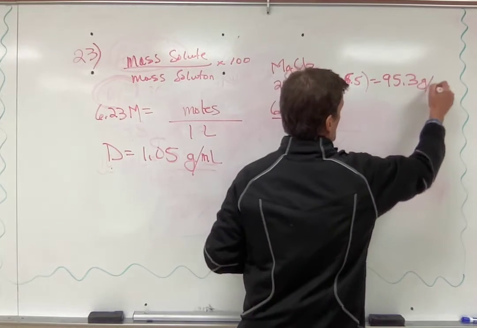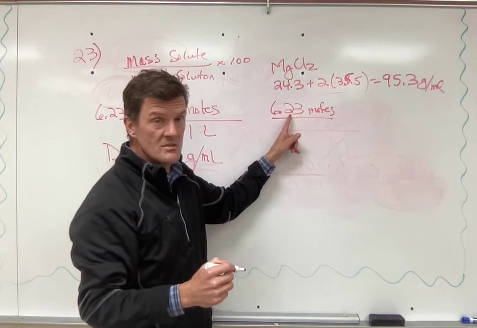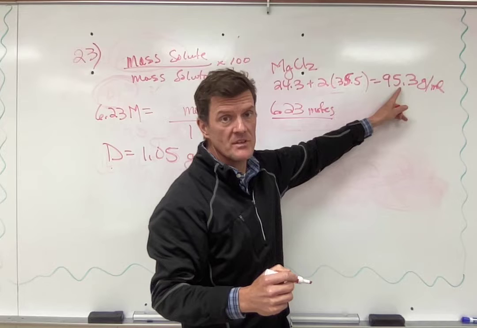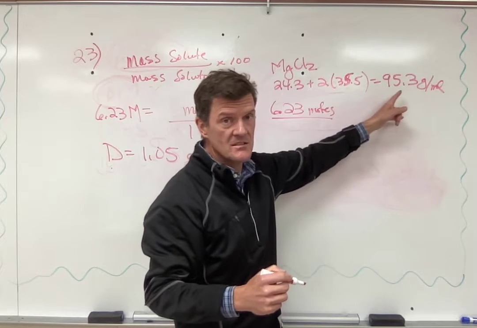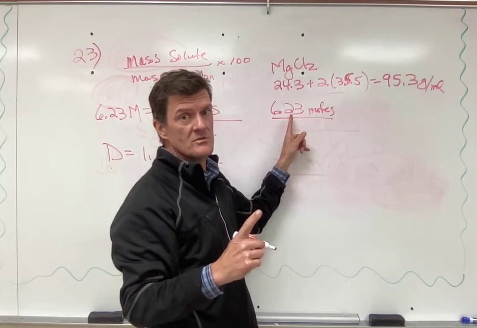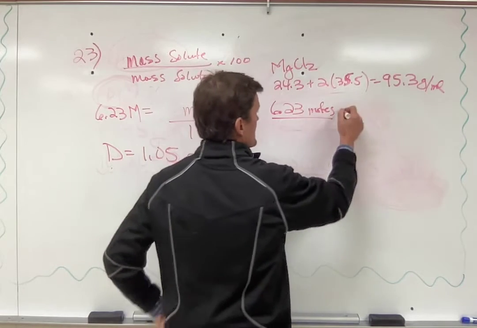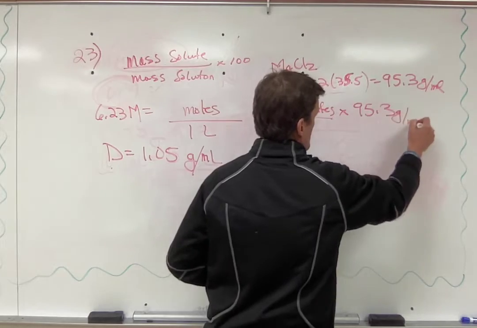95.3 grams per mole. Well, you've got 6.23 moles, and each mole has a mass of 95.3. So this is where you're going from moles to mass. This is the mass of 1 mole. You've got 6.23 moles, so you're going to take 6.23 times this 95.3, okay?